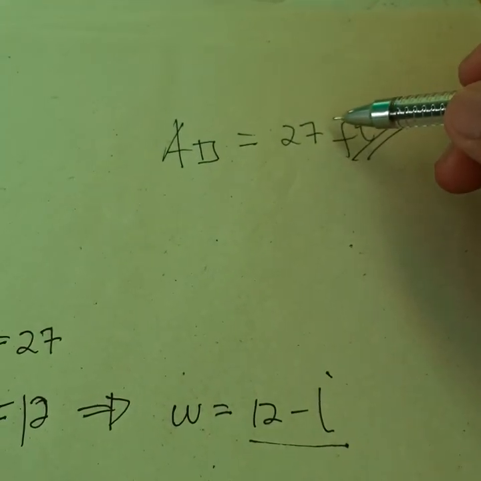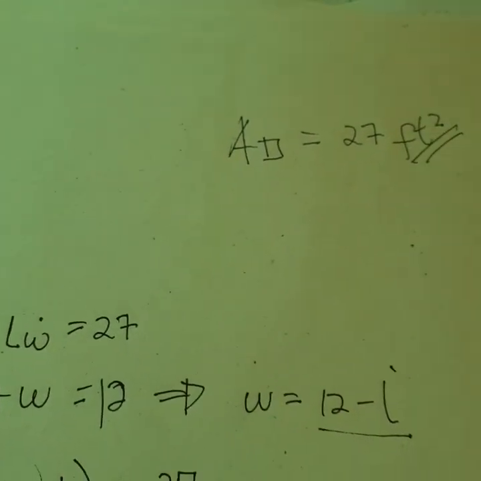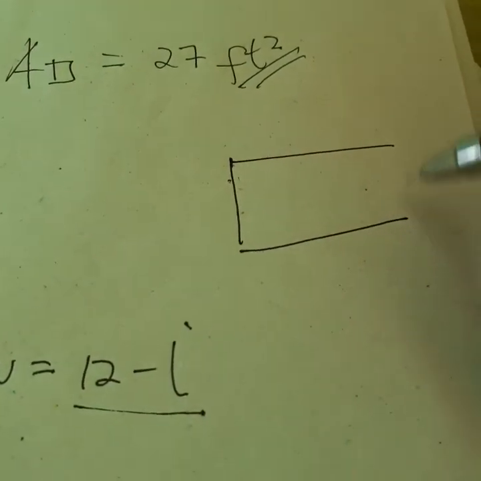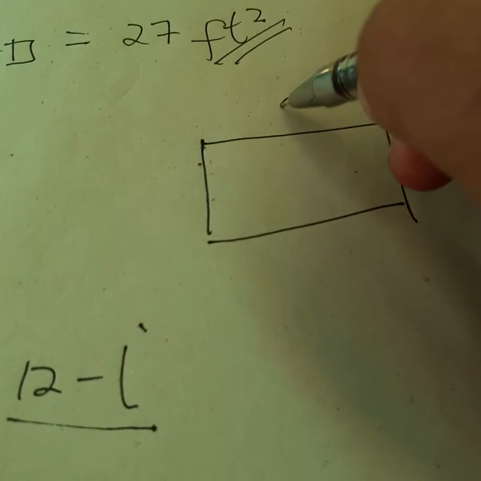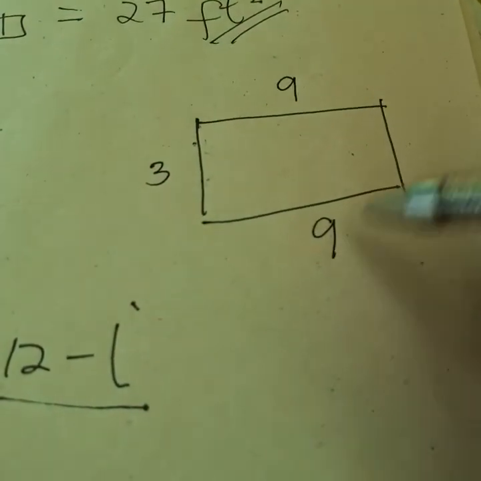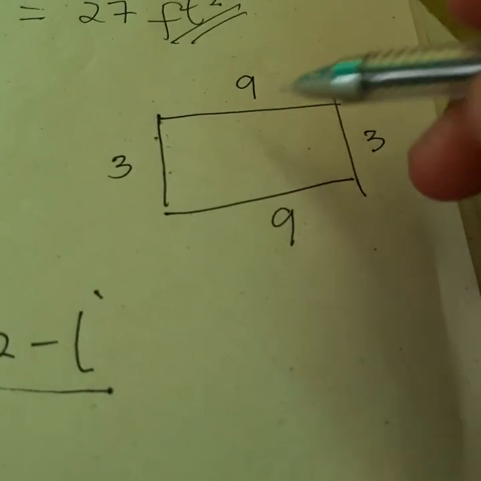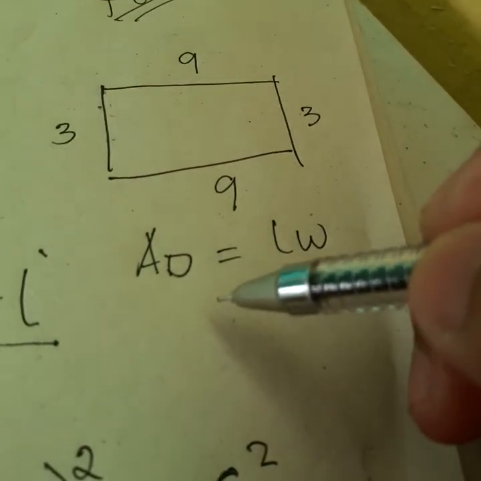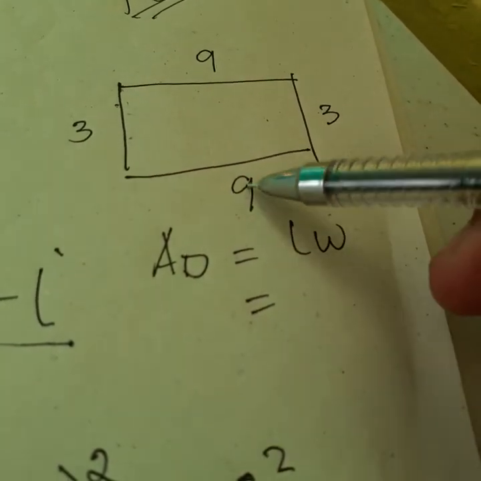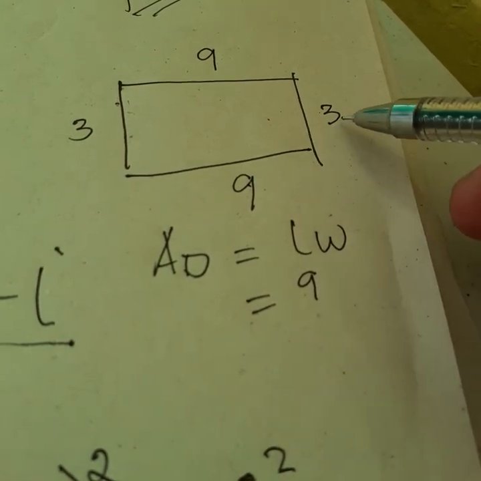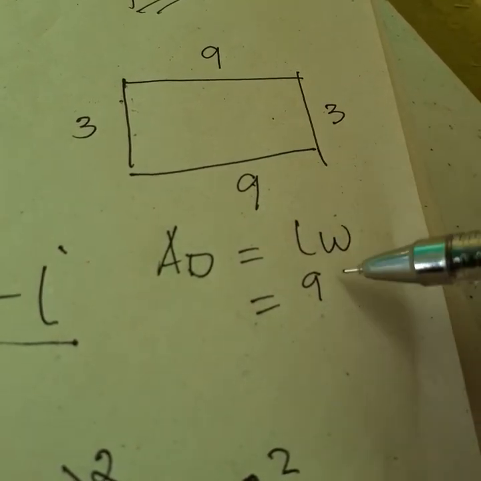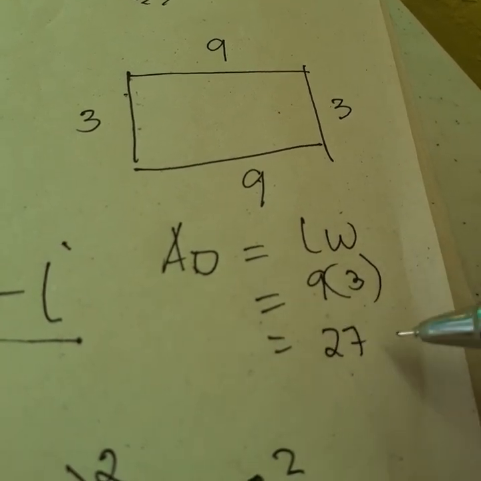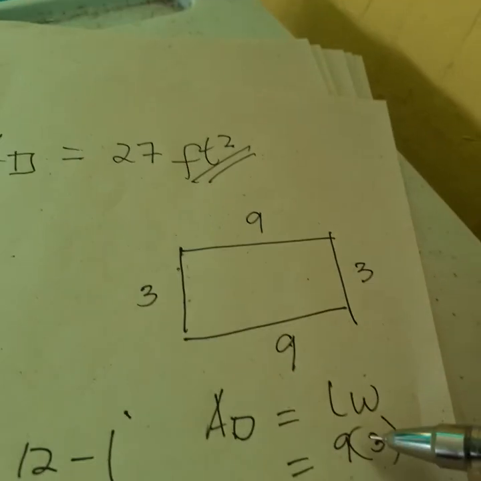That is the area. So the area of a rectangle is length times width. Our length is 9, width is 3. Then 9 times 3 is 27. That is 27 square feet.